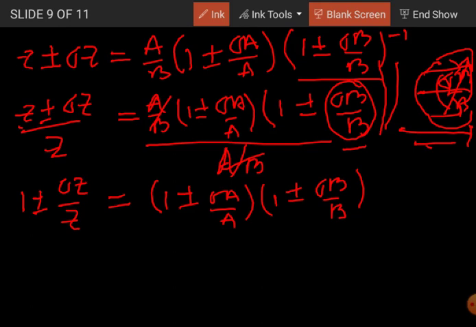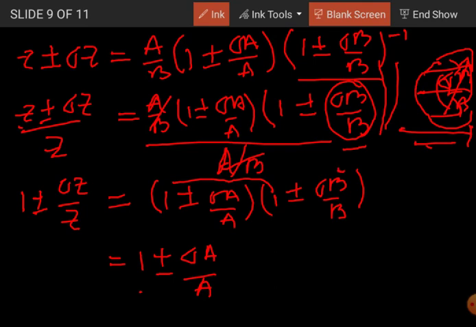Now try to open it and simplify the right hand side, so that it will be equal to 1 plus minus delta a by a. If you multiply 1 with this and with this, then you will get it like this. 1 into 1 is 1. 1 into plus minus delta a by a will be this one.